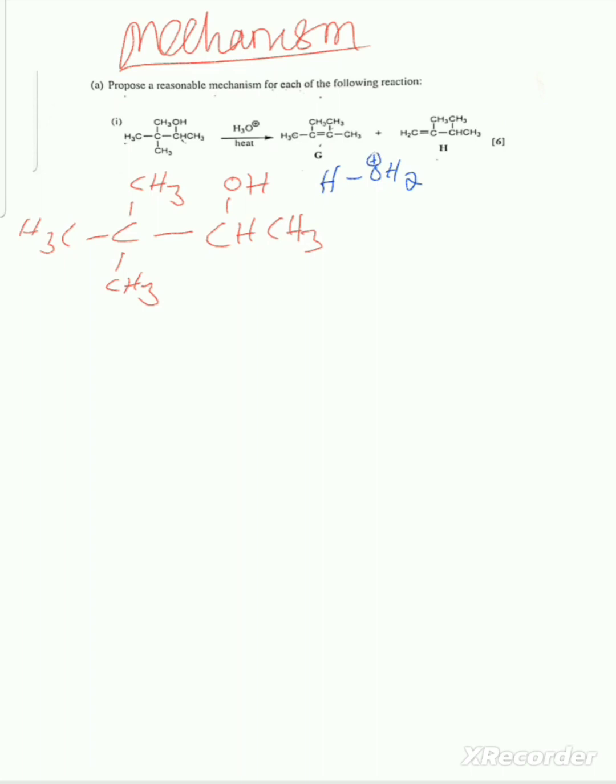This is a hydronium ion, which is the acid. Remember, it has lone pairs. For us to protonate the alcohol, I'm going to use these lone pairs to come and grab this hydrogen with an arrow like that.